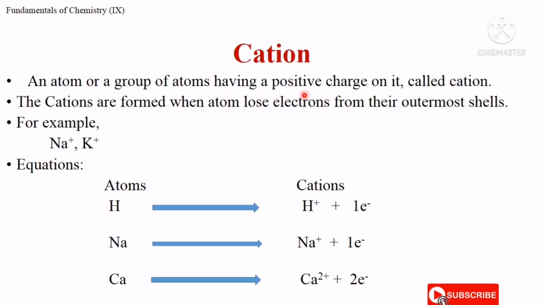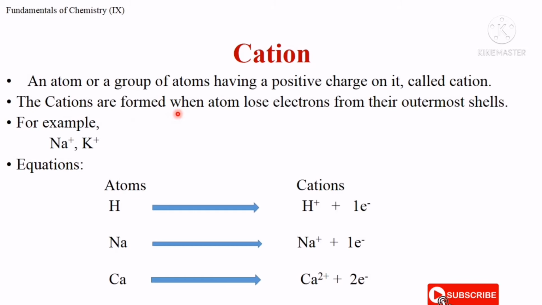Now cation: when an atom or group of atoms has a positive charge, then it is called a cation. When an atom or a group of atoms has some charge, positive or negative, it is called an ion. And when a group of atoms has a positive charge, then it is known as a cation.